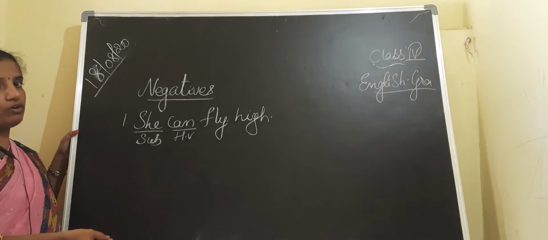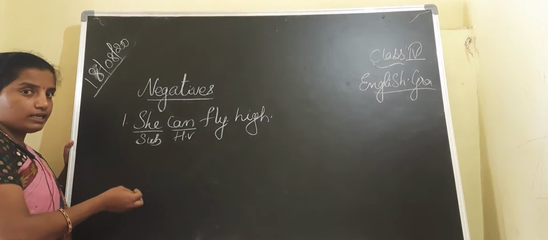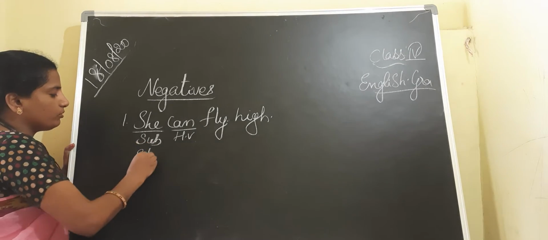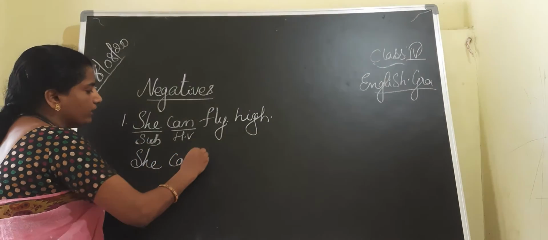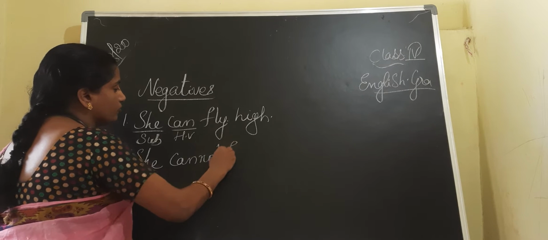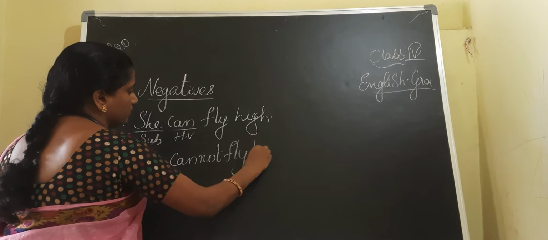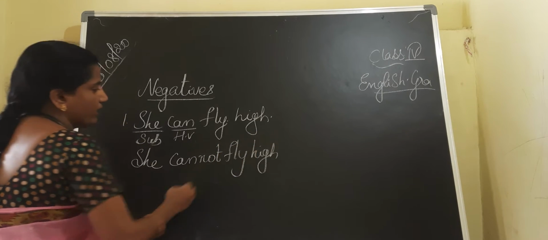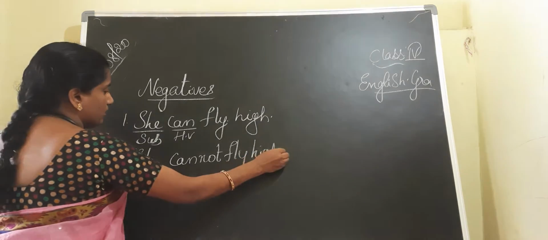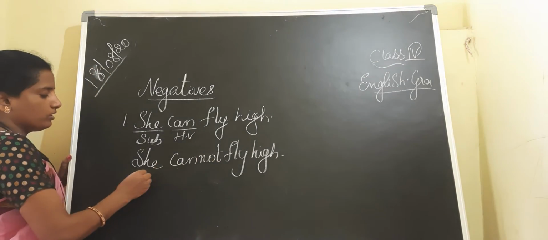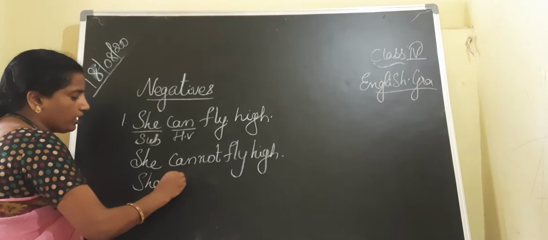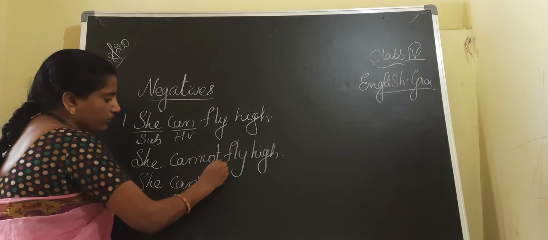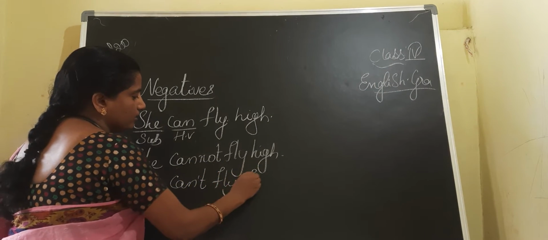So what we have learned: to write the negative form we have to add can't or cannot. She cannot fly high. Here we have simply added not, or you can write she can't fly high.